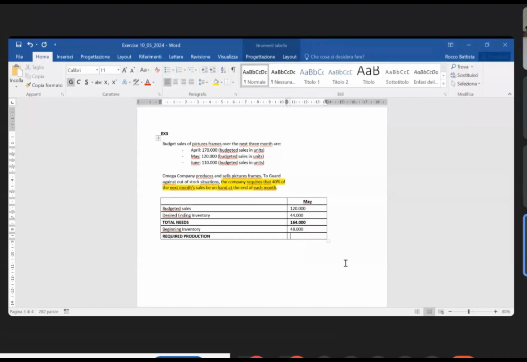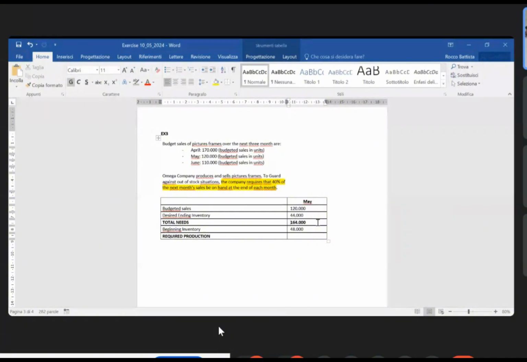Yes, we can hear you. Let's try. We know that we have total needs of 164,000 units of picture frames. But we start in May with an ending inventory of 48,000 already.